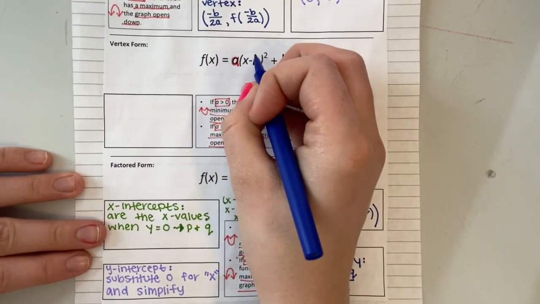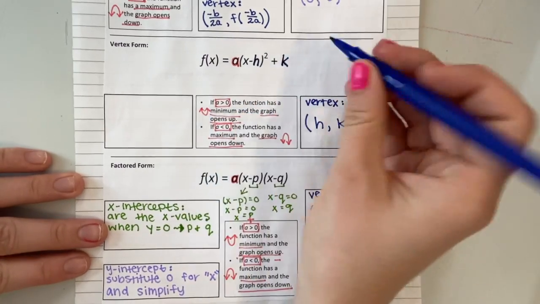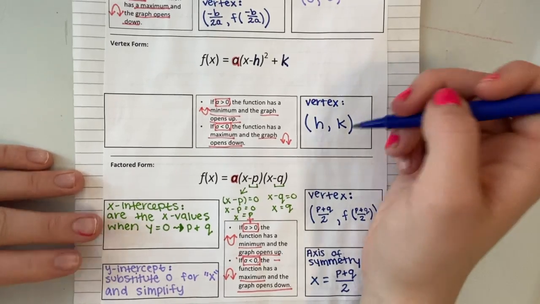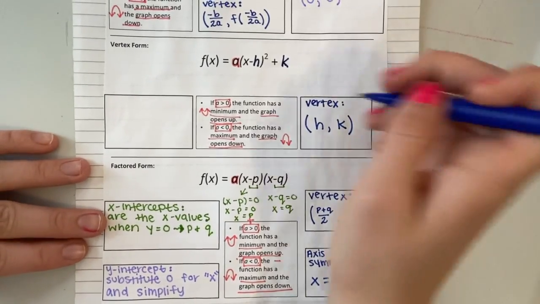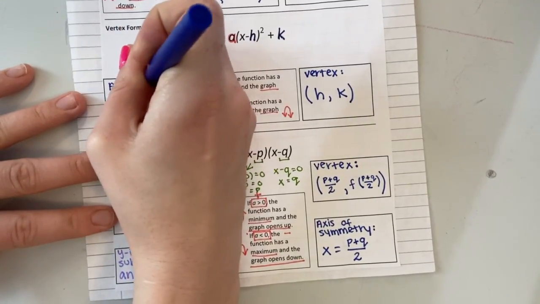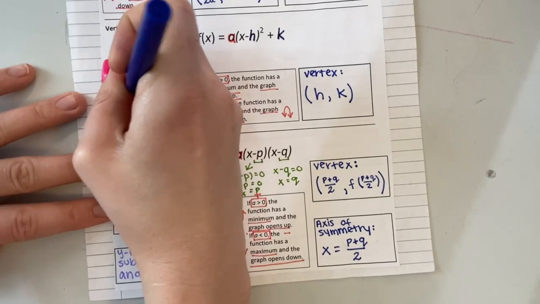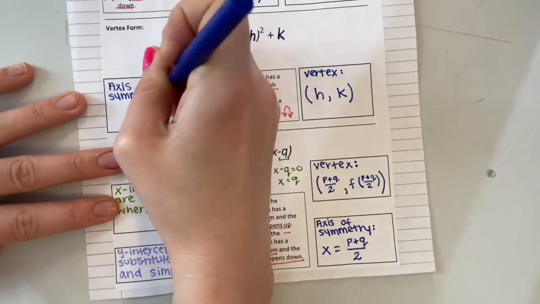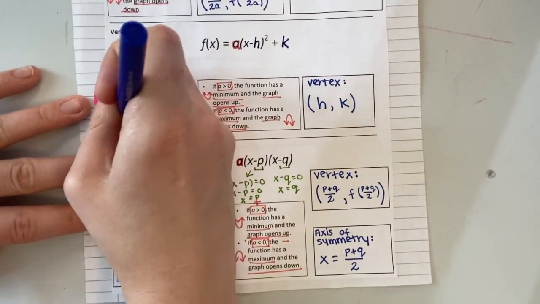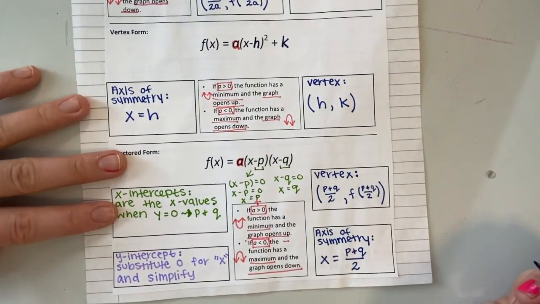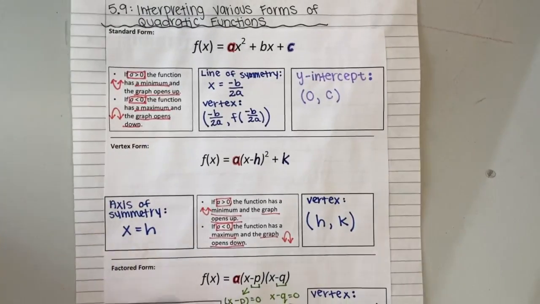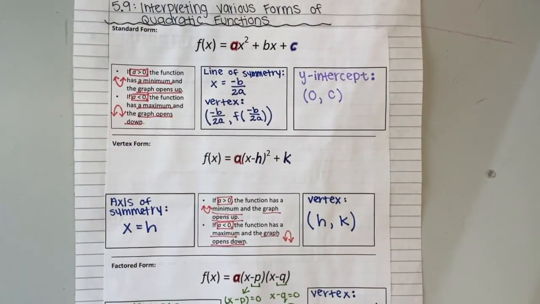That means that h is just 2. And then for k, we keep the sign. And then just like we have for the other ones, the axis of symmetry is directly given to me because it's just the x value of my vertex. So the axis of symmetry is just h. And that's our 3 forms of quadratic functions. And we're going to go more in depth into an example of each of these in the next video.